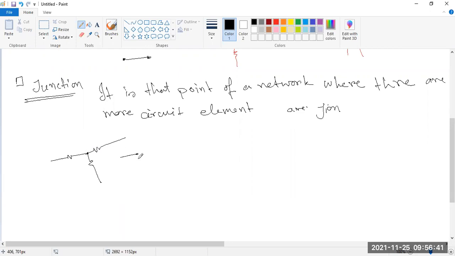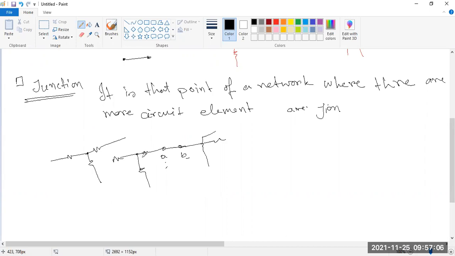But if there is, say in this case, just like previous, a resistance and a resistance. If you say this is A and B, look, the potential is same, but you can't say A and B is a junction. So you can take any position which is equipotential, that is called node.